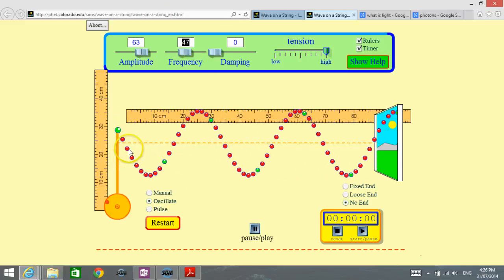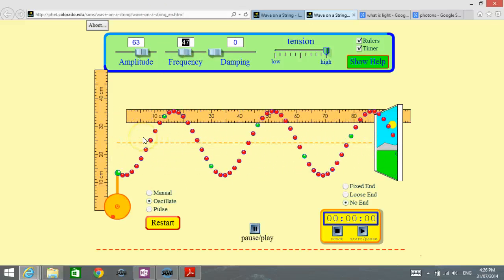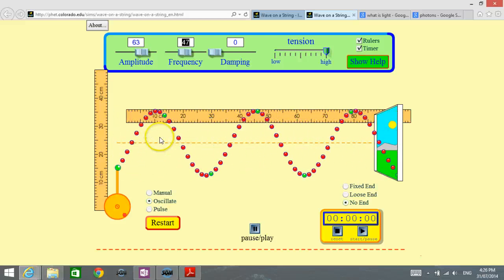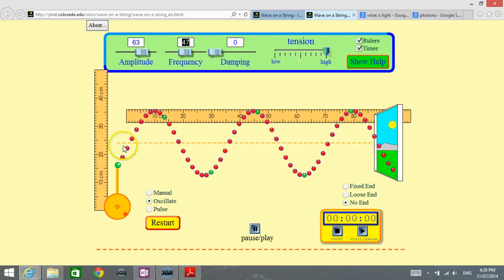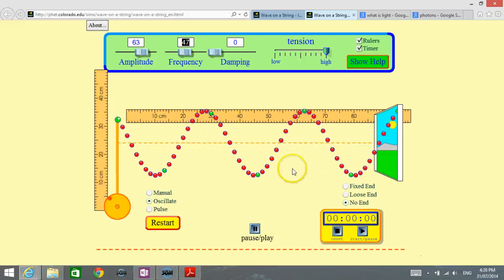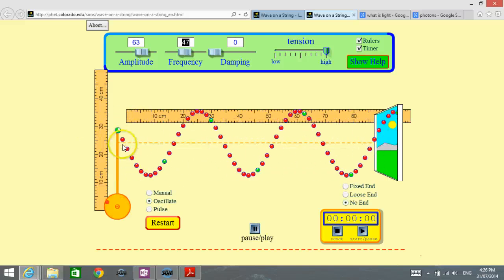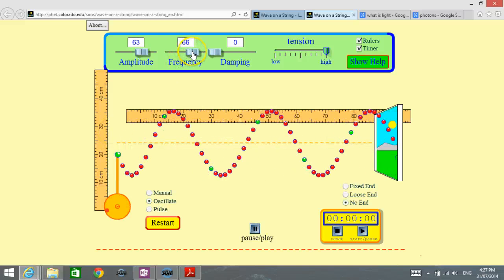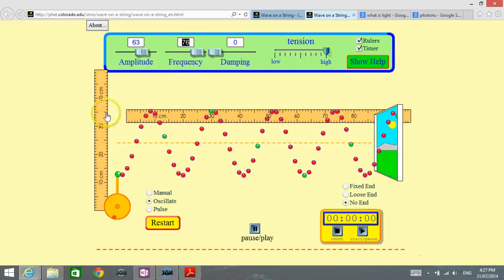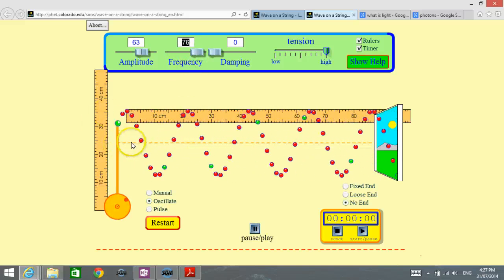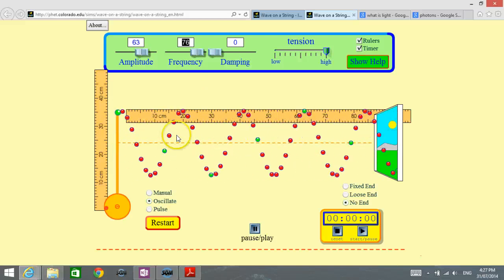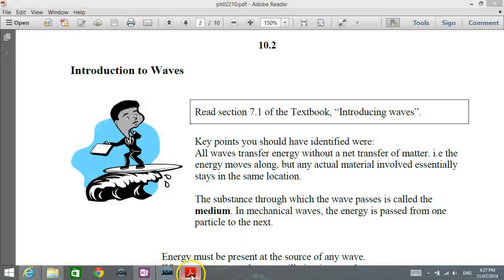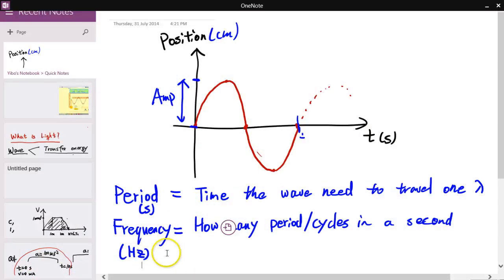Say if this is a wave of 2 hertz, it means in every second there are 2 cycles of wave going through. If I increase the frequency, say to 4 hertz, then it means in every second there are 4 cycles of wave passing through. That's frequency, and it's measured in hertz.